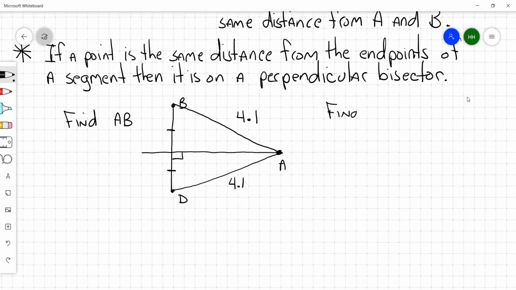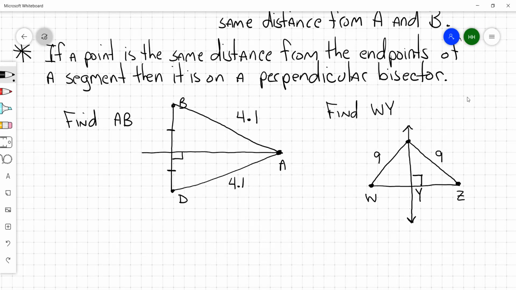If you had to find W to Y, and you were given this picture, do you see how this point up here, point X, is the same distance to the endpoints of a segment?